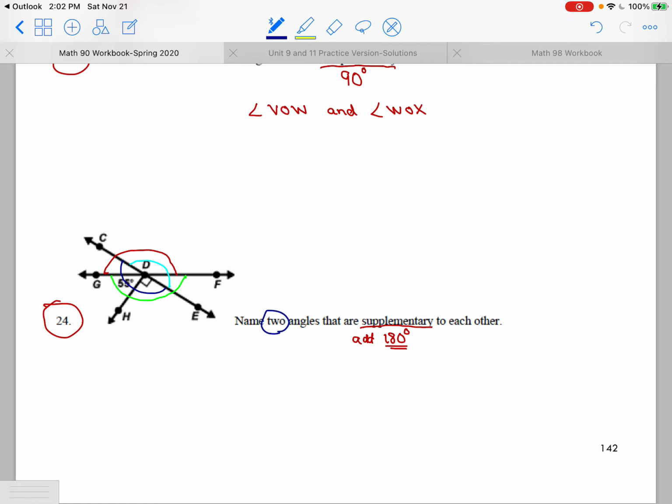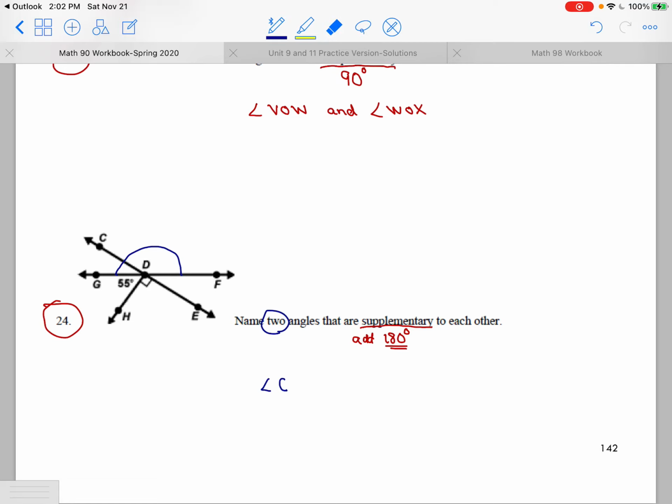I'm just going to state here the angle CDG. So I'm going to get rid of all of this. There's a whole lot going on there. I'm just going to start here with CDG, since that's kind of the first one that I saw.